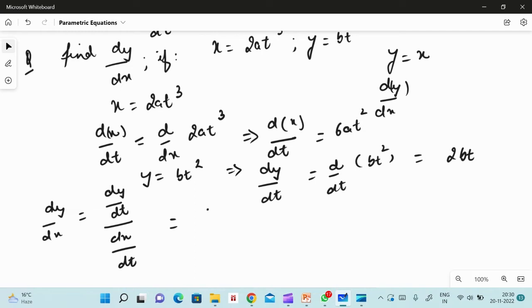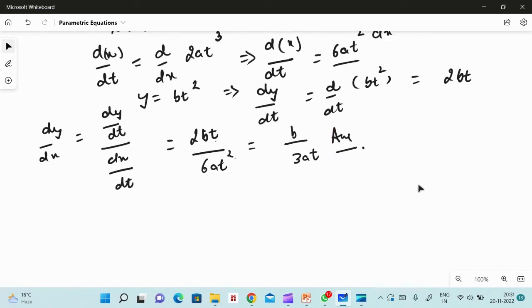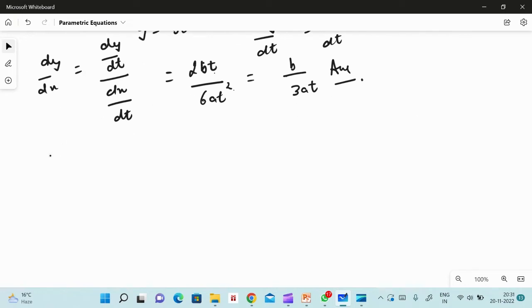So this gives me dy by dt as 2bt divided by dx by dt as 6at square. Solving it further, 2 and 6 can be cancelled, and t and t square. With this, we are able to write that it gives me b divided by 3at, right? So this is my answer. Clear?